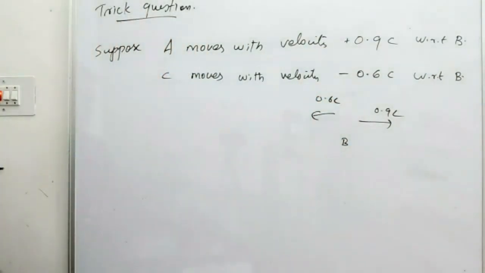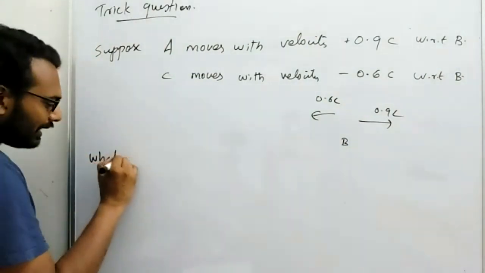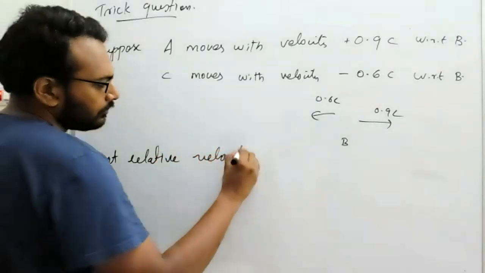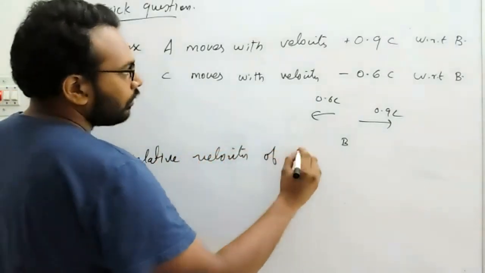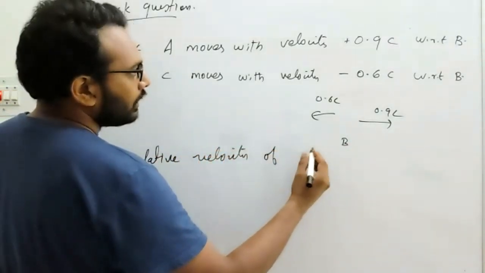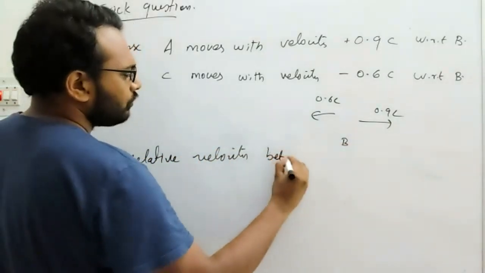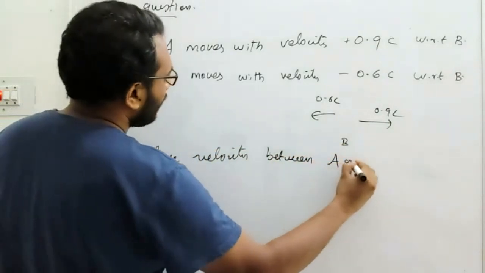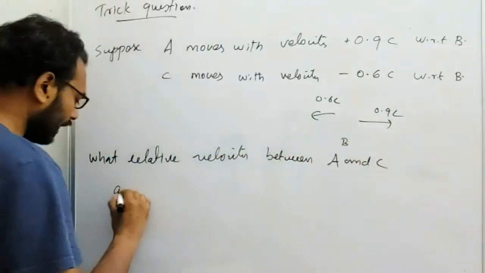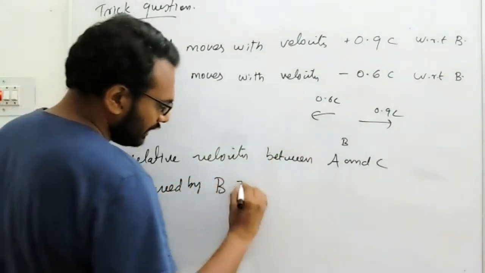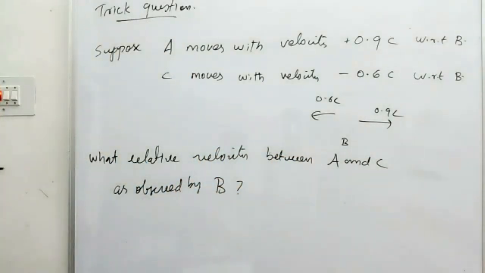Now the question is, what is the relative velocity between A and C as observed by B? What's the answer to this question? Can you just think about it for a moment and give me the answer?